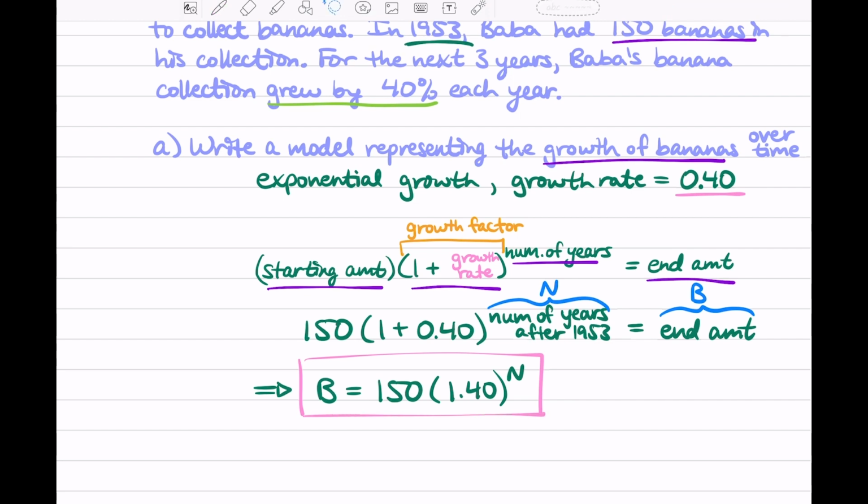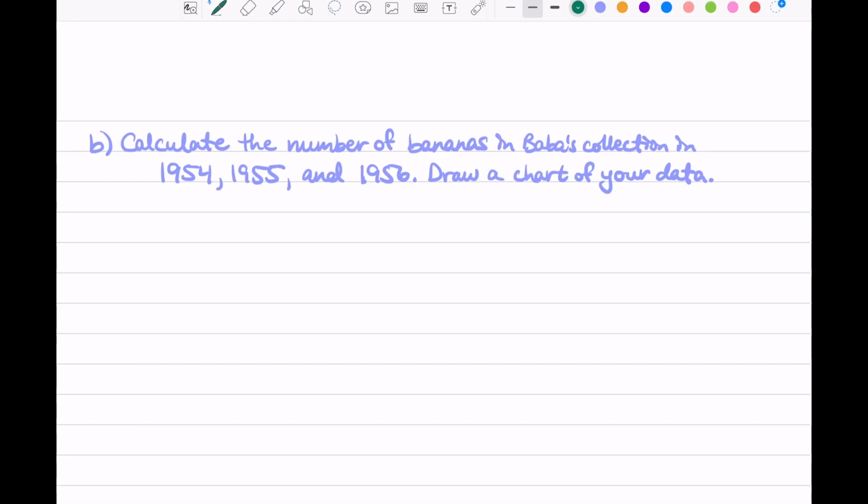Let's keep working with this model. Calculate the number of bananas in Baba's collection in 1954, 1955, and 1956. Draw a chart of your data. Okay, well, we just created a model for the number of bananas in the collection, so let's use that. In our model, n represents the number of years after 1953.